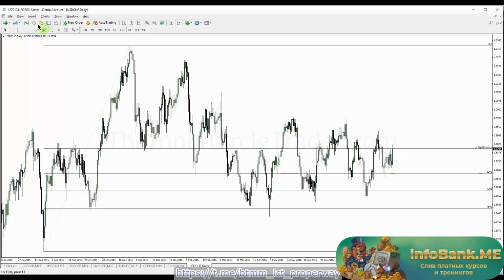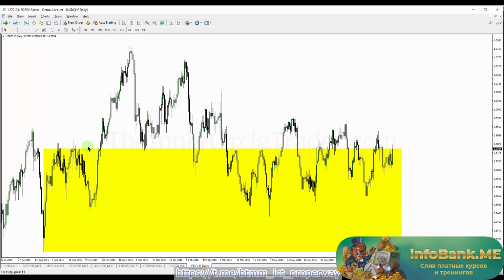Actually, let's do this. Let's shade this area, and that way we'll understand that anything below here is in a high probability or discount market.